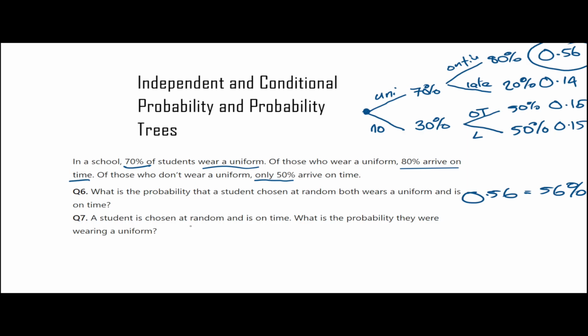A student is chosen at random and is on time. What is the probability that they were wearing a uniform? Okay. So now we're looking at comparatives, aren't we?